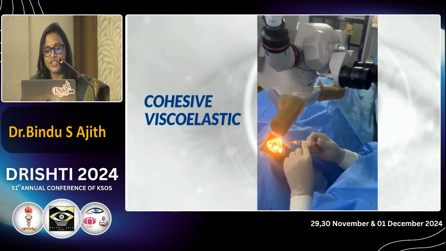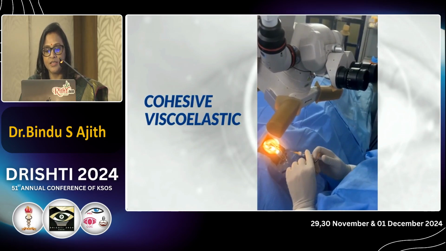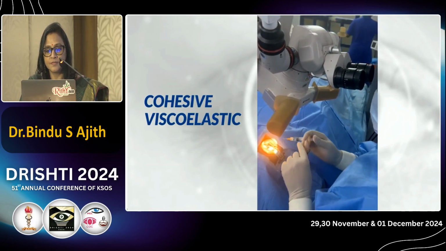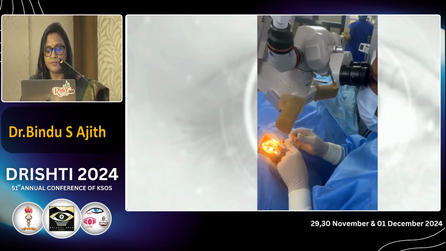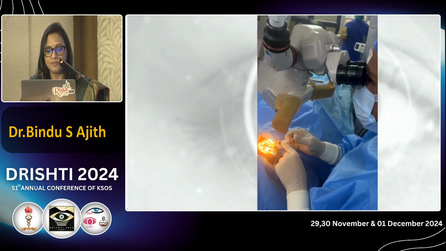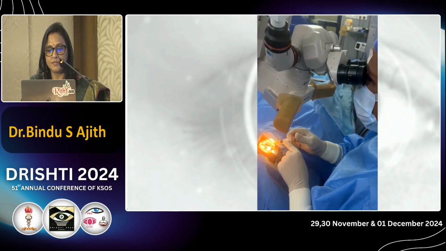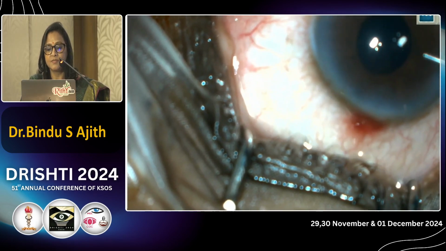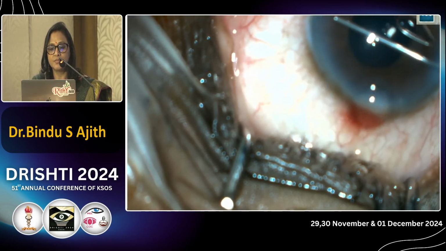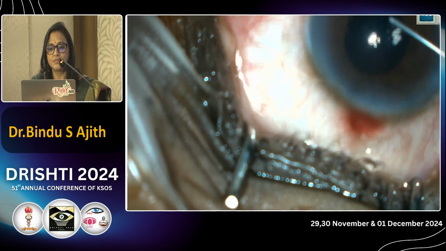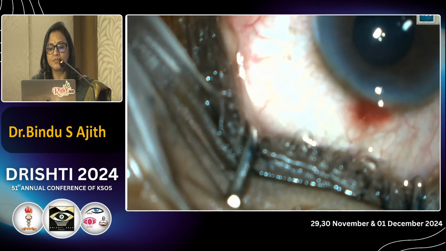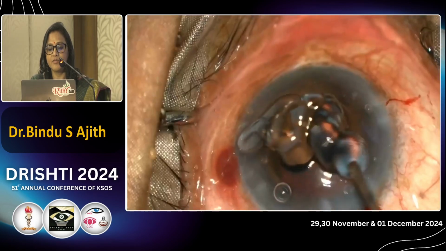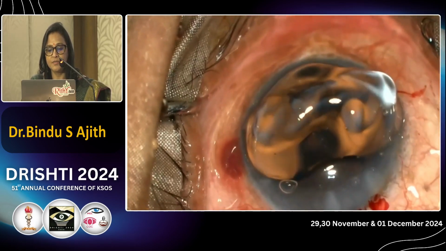Then you fill the anterior chamber with cohesive viscoelastic, and then put the visco over the cornea.